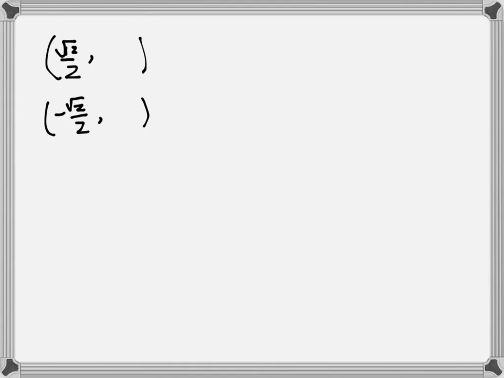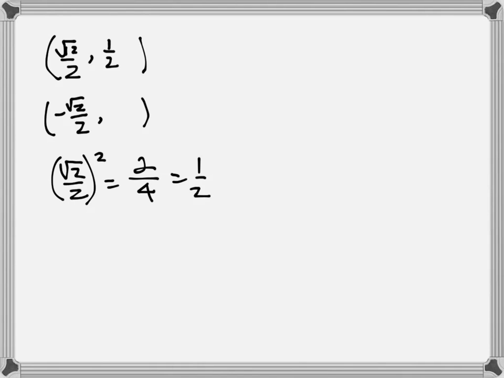I don't want you to think we're talking distance here. We're not talking distance. It's the y equals x squared. These are x values. So what happens when you take square root of 2 over 2 and you square it? You get a 1/2. Works like that.